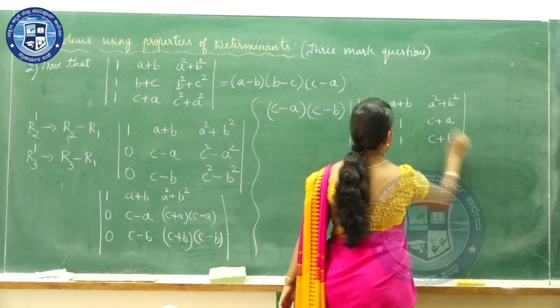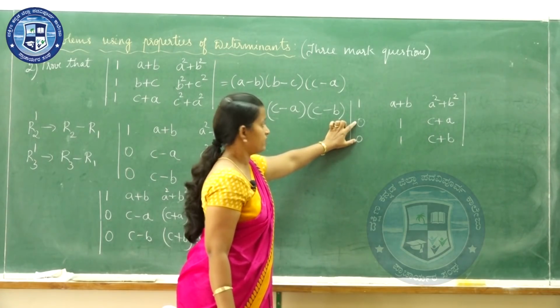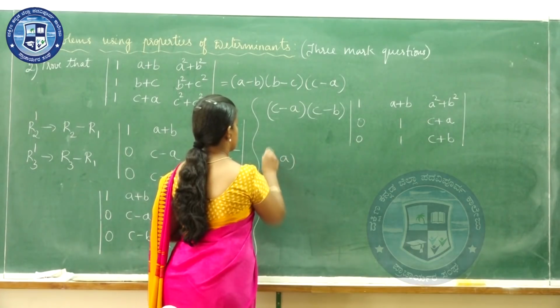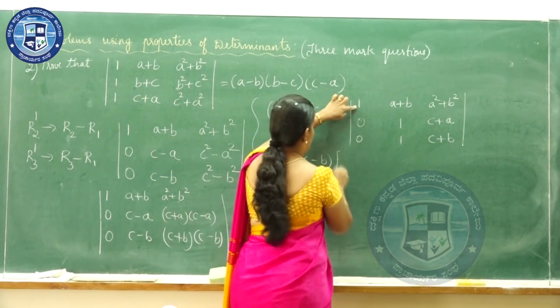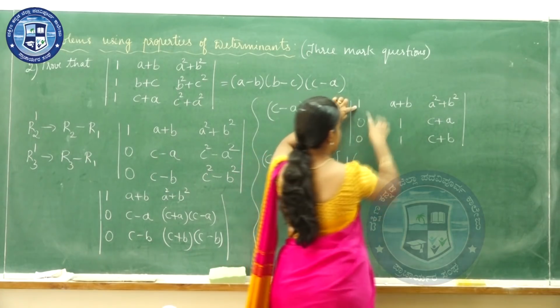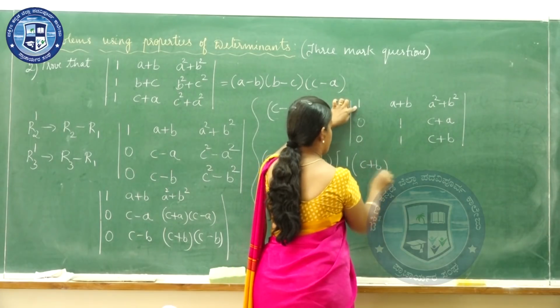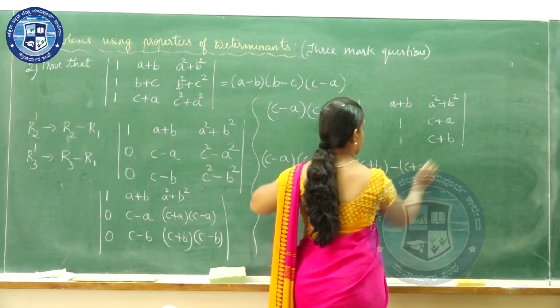Now you already have two zeros here and evaluation becomes easy. So let us now evaluate (c minus a)(c minus b) into 1 into, 1 into c plus b is c plus b, minus 1 into c plus a is c plus a.